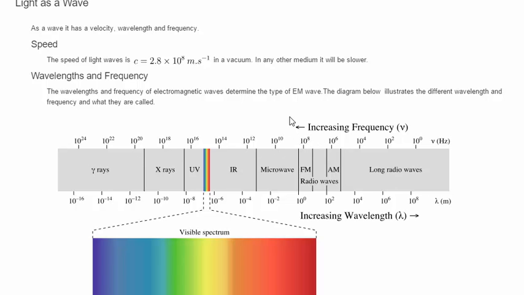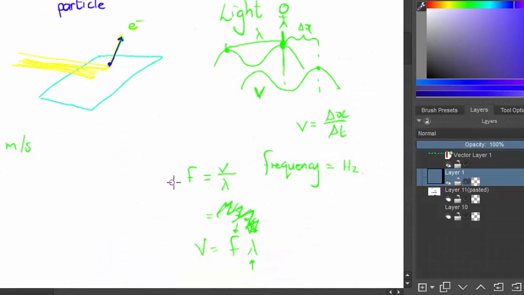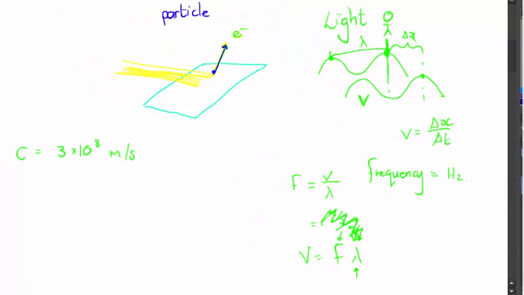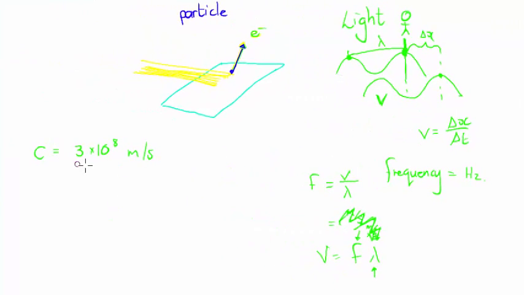Notice the relationship here: for light, our velocity is a constant. So frequency is equal to a constant divided by a wavelength.